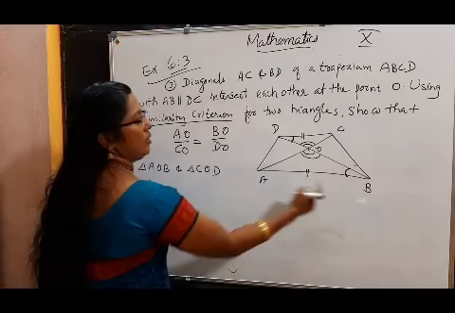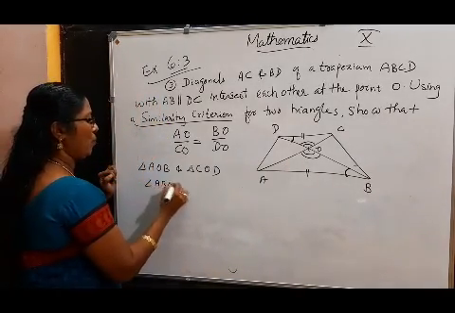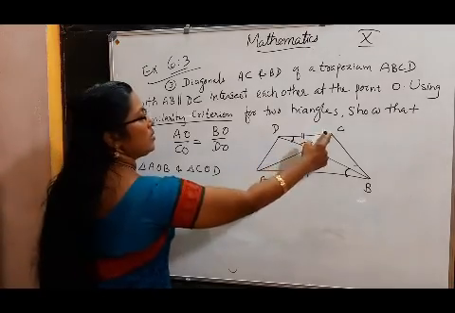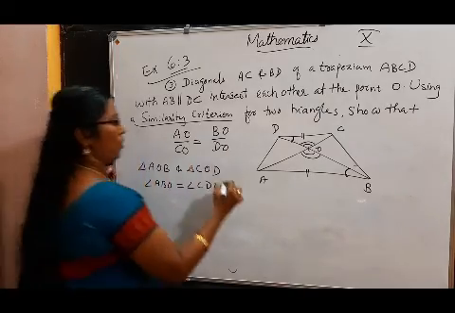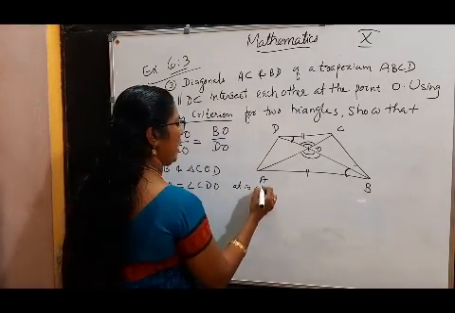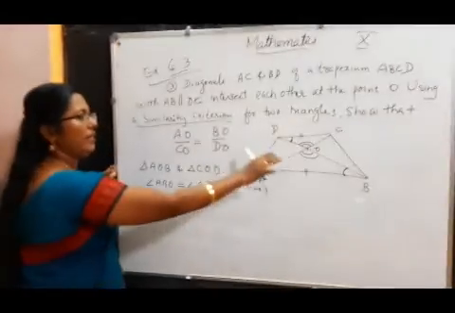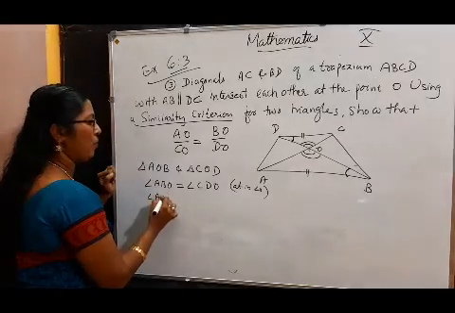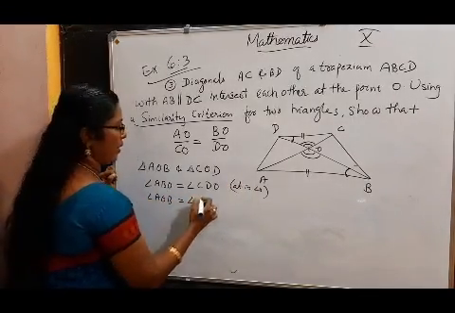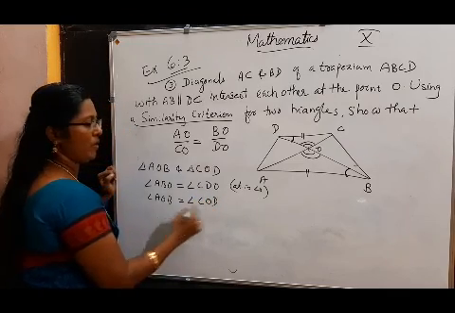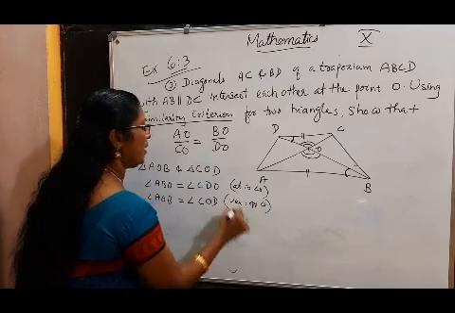Angle ABO equals angle CDO. That means alternate interior angles are equal because AB and DC are parallel. Then angle AOB and angle COD are equal because vertically opposite angles are equal.